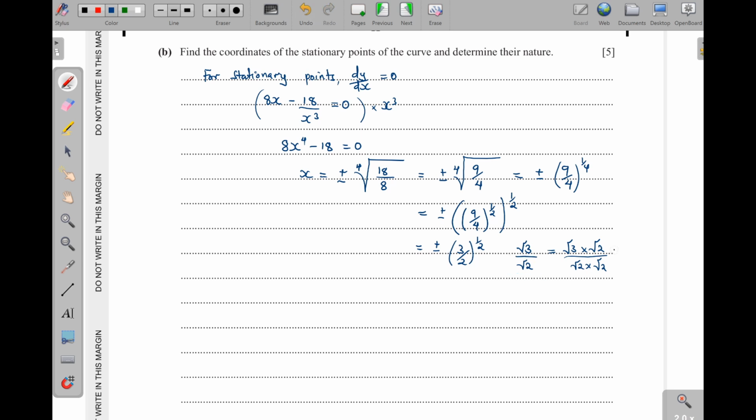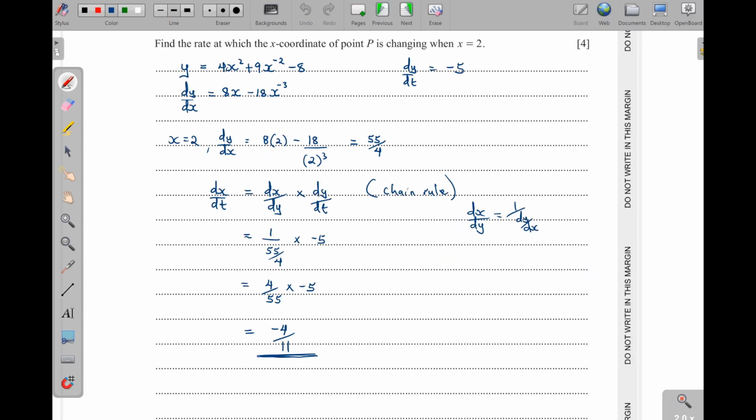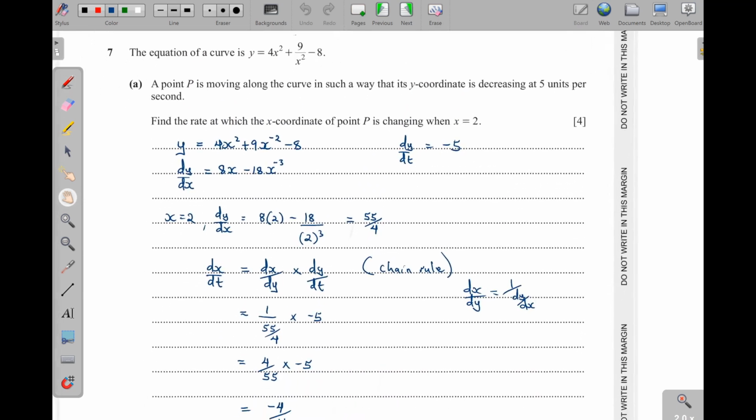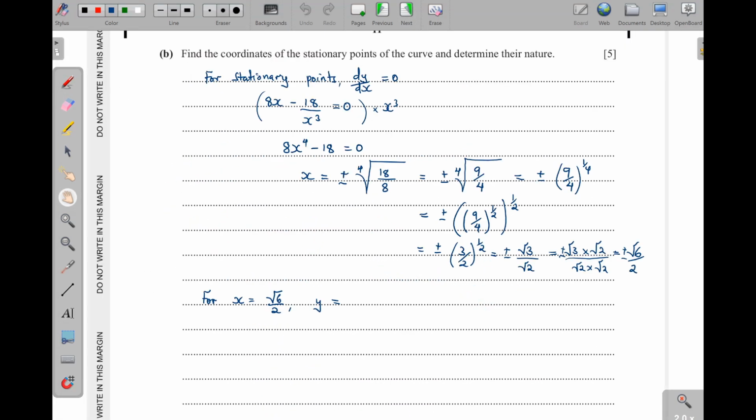This becomes root 6 over 2, plus or minus that. All right. Now, having gotten that, they want the coordinates. So for x equal to square root of 6 over 2, what will be y? Y here is 4x squared.